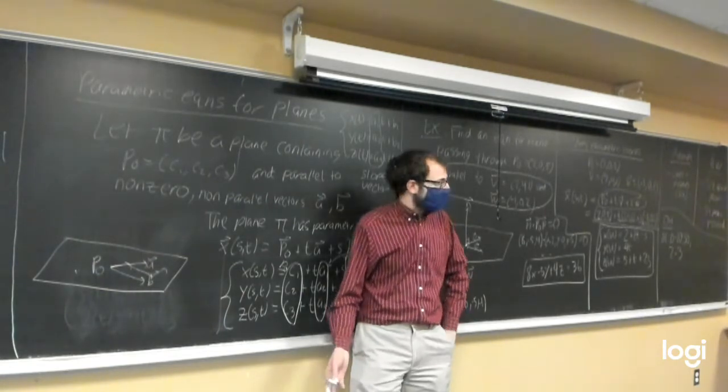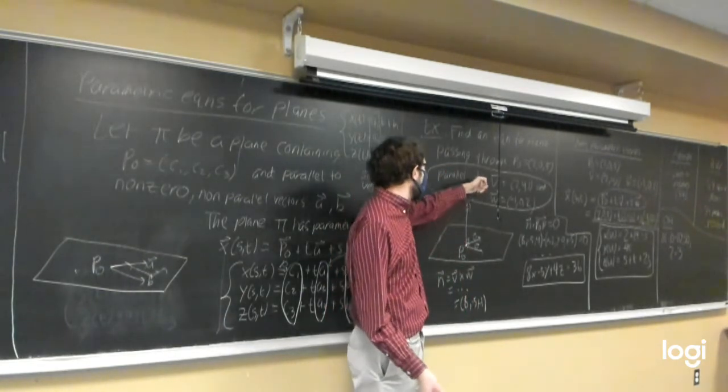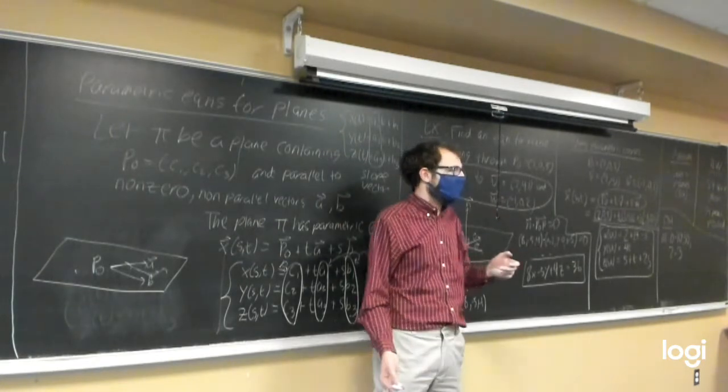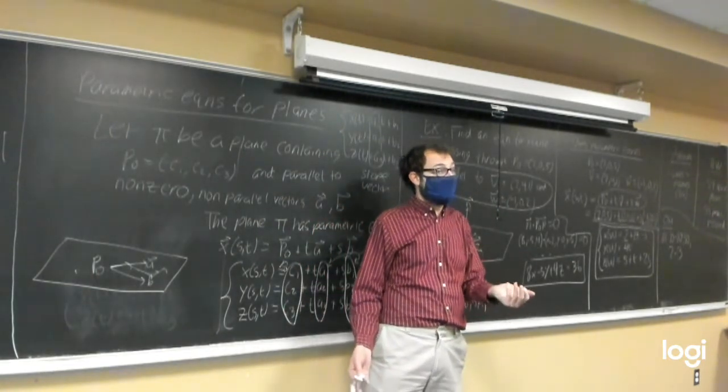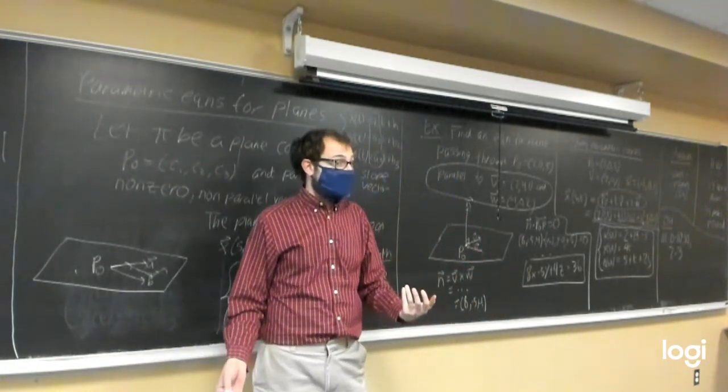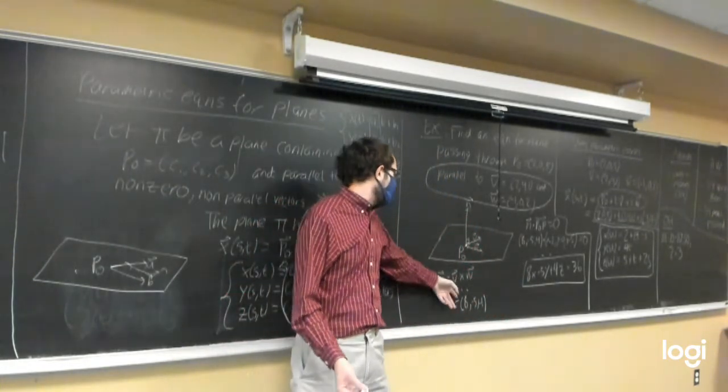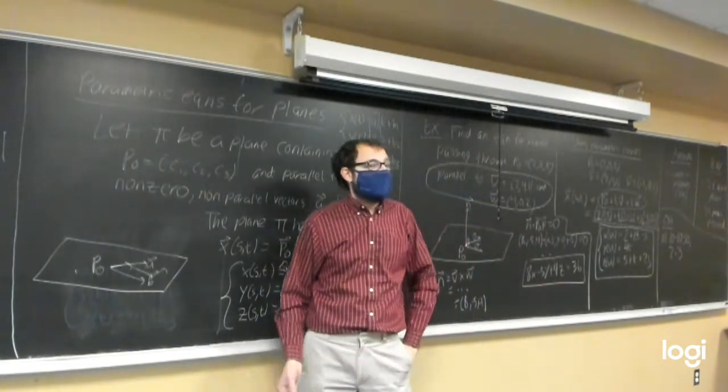If instead of knowing two vectors that were parallel to our plane, like v and w, what could be some other piece of information about our plane that we could be given that would make using this approach a lot easier?